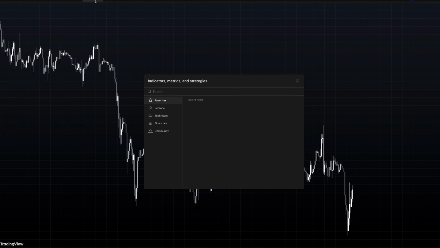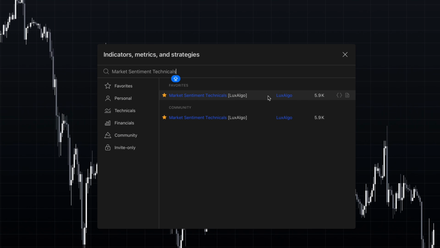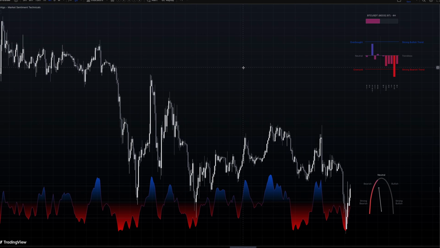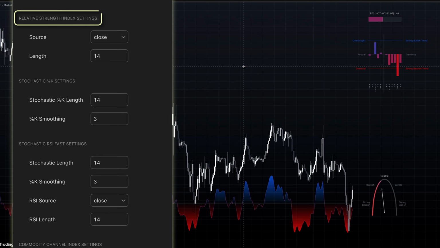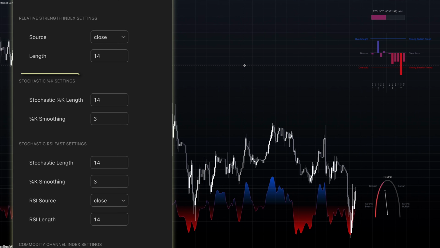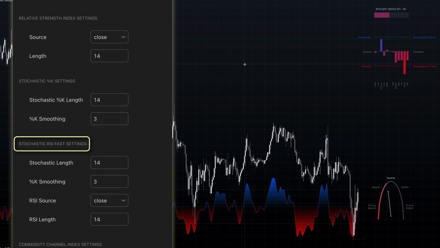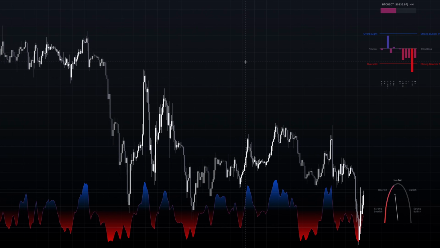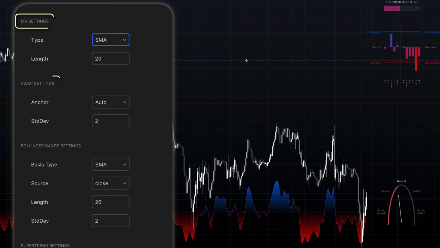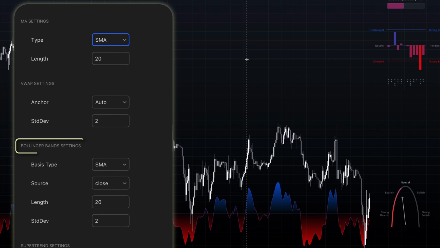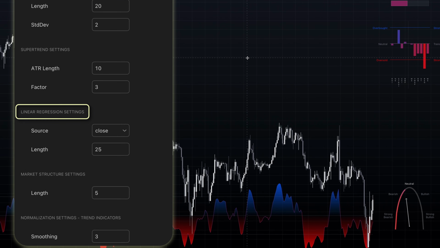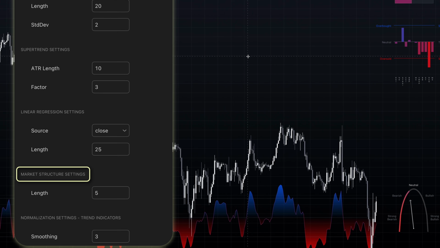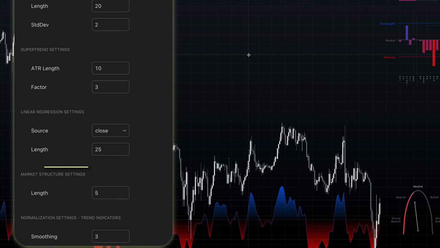The Market Sentiment Technicals Indicator created by LuxAlgo is a technical analysis tool designed to gauge market sentiment through multiple indicators. It combines oscillators, RSI, stochastic RSI, CCI, and bull-bear power, with trend indicators, moving averages, VWAP, Bollinger Bands, supertrend, linear regression, and market structure, to provide a holistic view of market conditions.